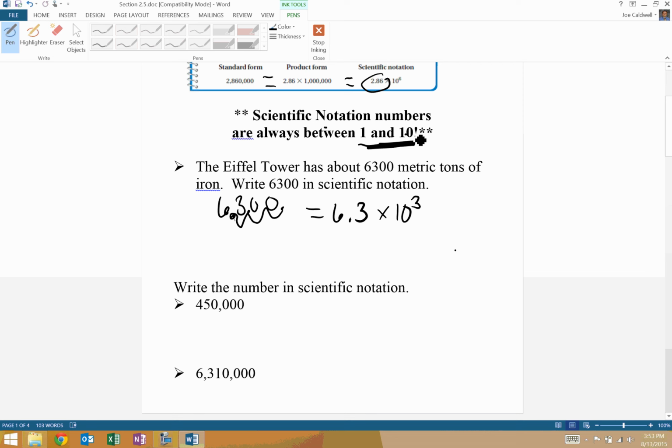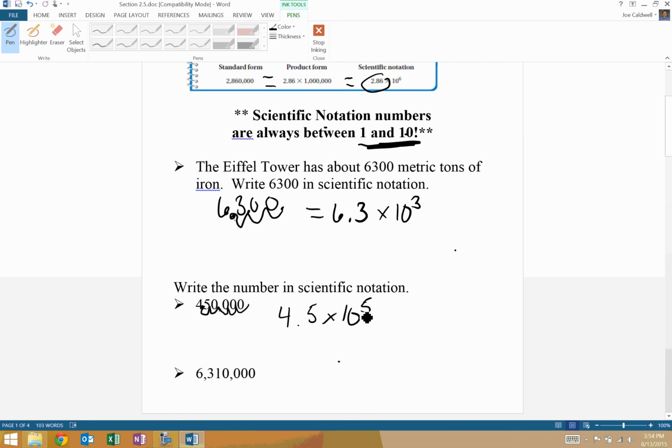So let's try this example. I swoop my way over 1, 2, 3, 4, 5 times, because 4.5 is between 1 and 10. That's where I'm moving my decimal to. 4.5. We then count the number of swoops to determine our exponent: 1, 2, 3, 4, 5 swoops.